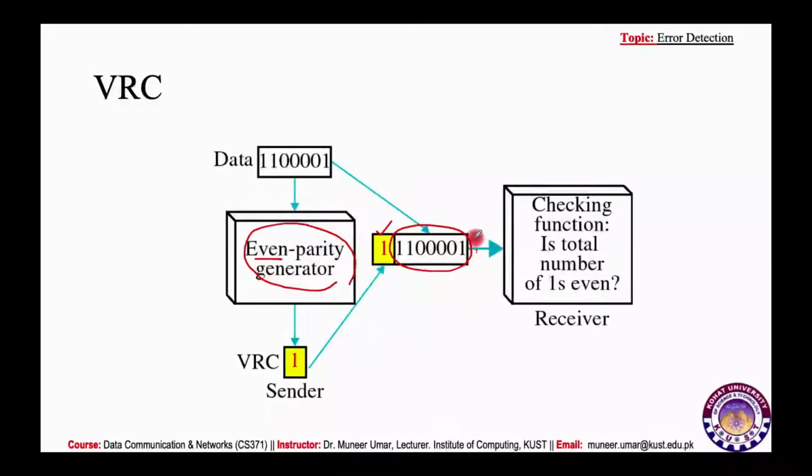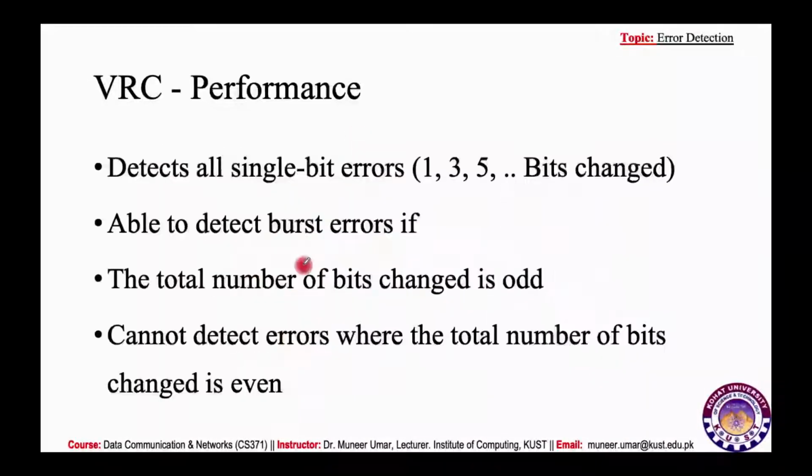This entire block, data plus parity bit, is transmitted to the receiver, and at the receiving end the receiver counts the number of ones. If they are even, the data is accepted, otherwise the data is rejected. So VRC is designed to detect all single bit errors.